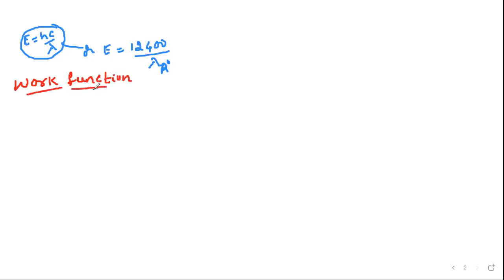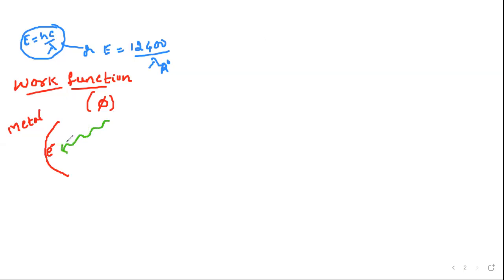Work function phi. What is that work function phi? For example, if I consider a metal, this metal consists of what? Electron in the outermost orbit. Now, to remove this electron from the metal, I should give some radiation, right?